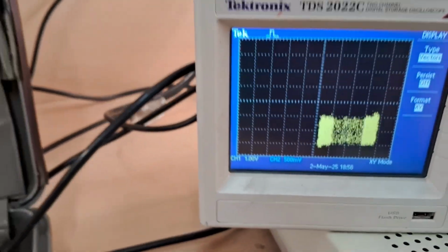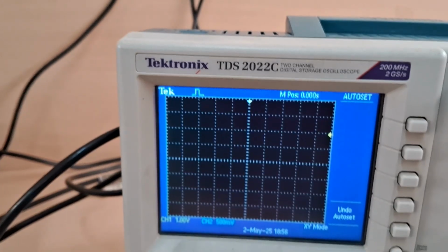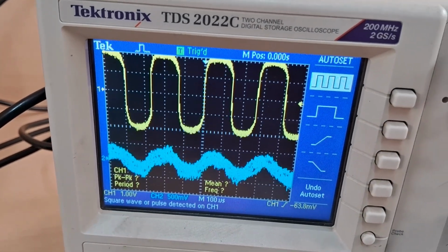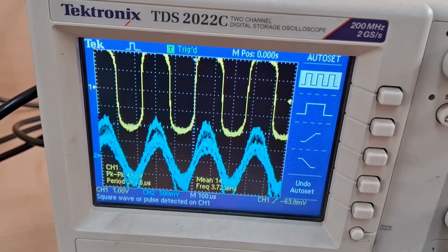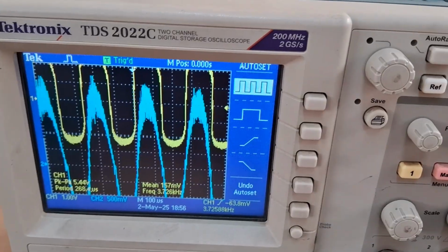Just once again, we'll go through the waveform. One minute. I'll just change the amplitude of the signal so that a better compended output can be obtained. So here you can go for a better output now. Now we'll put the CRO in the XY mode.